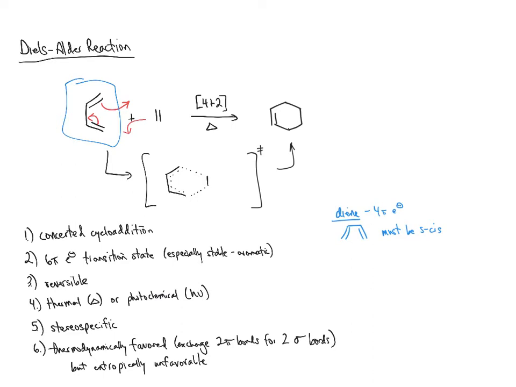The other piece that we have is the double bond piece, and we actually don't call it the double bond piece, we call it the dienophile. So the dienophile is 2 pi electrons, and it literally means diene loving. And so it's simply a simple alkene.